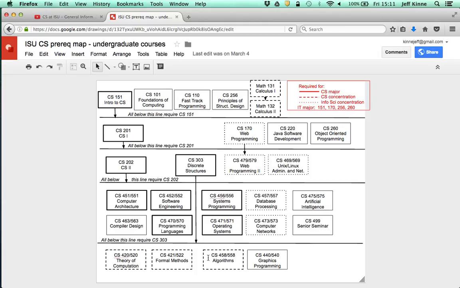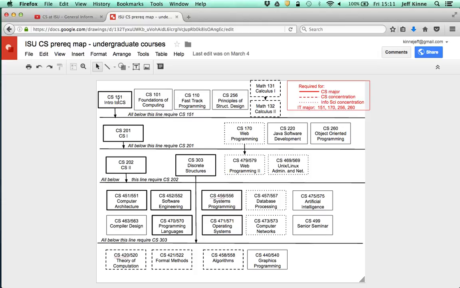Some of the upper level courses need CS 303, the Discrete Structures course. And there's this prerequisite of Web Programming to Web Programming 2. So this shows you what's possible if you've taken certain courses. These are the ones that become possible.